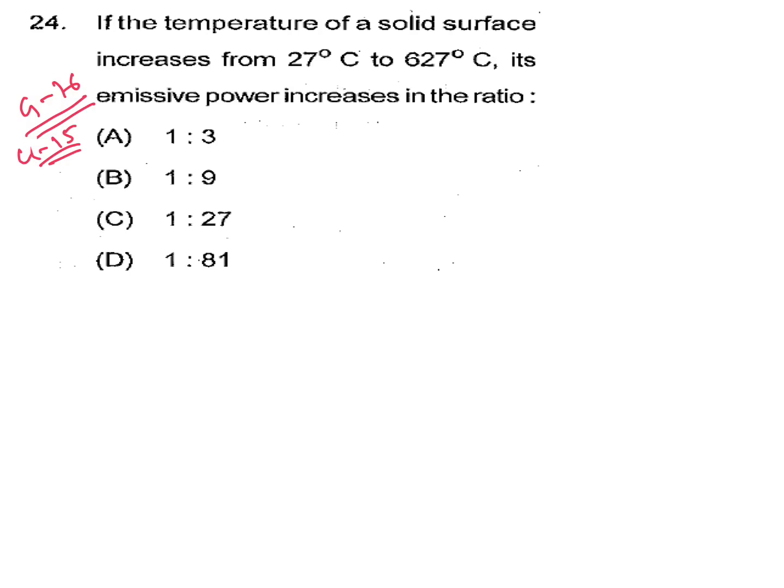So T1 is 27 degrees Celsius, in Kelvin 300 Kelvin. T2 is 627 degrees Celsius, in Kelvin it's 900 Kelvin.